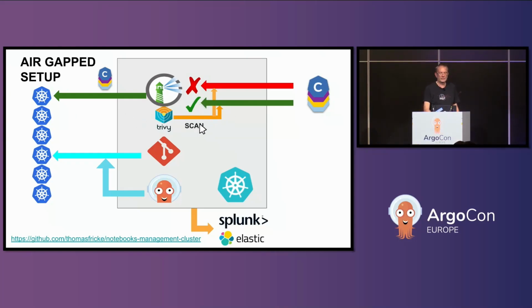This means we have to find a way that we use only images which are hardened and comply with our security regulations. The next thing we want to do is GitOps, so we want to have a Git available. And then Argo CD comes into the game if we want to deploy with it, because normally it's easier if you have a graphical user interface.